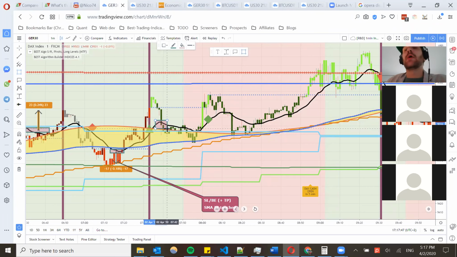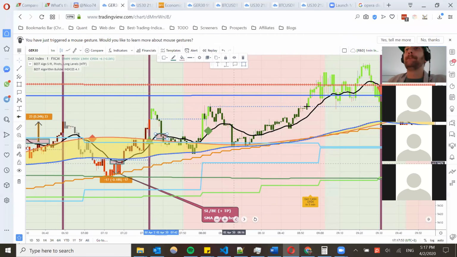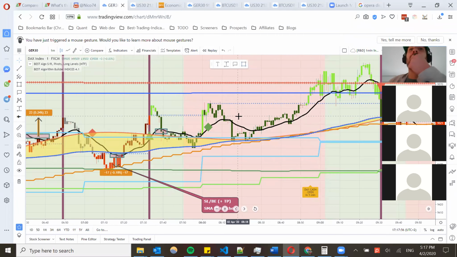That was what I was guessing, and then I took profit on the blue line, and it works. Okay. For that trade, that makes sense, that's better.